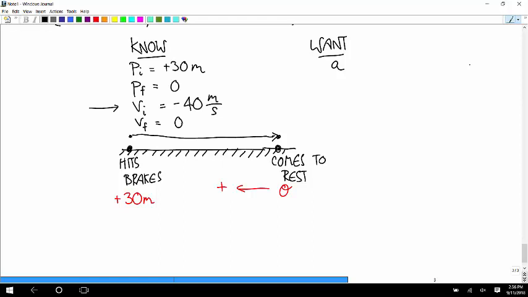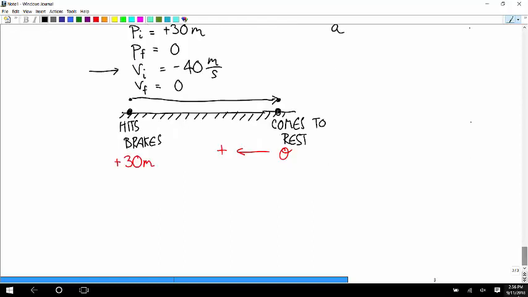And now we're looking for an equation that works with this stuff. It's going to be the same equation because we know all the same stuff, but the numbers are all different. So this works again.